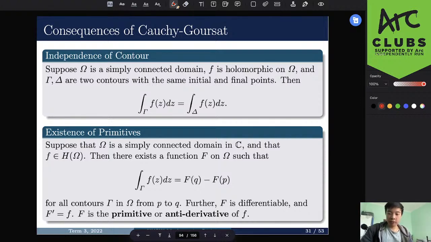So if we have some function capital F, which has a derivative of f, and we want to integrate small f along a gamma, we know that gamma ranges from a point P to a point Q. We can just have the capital F of Q minus the capital F of P. And of course, that's just akin to normal integration that you're used to.